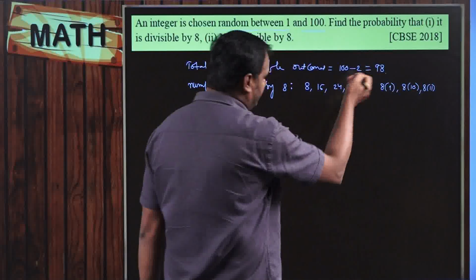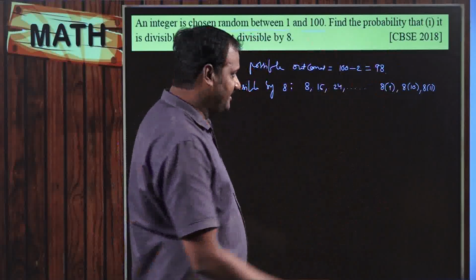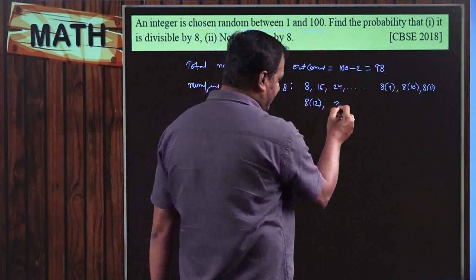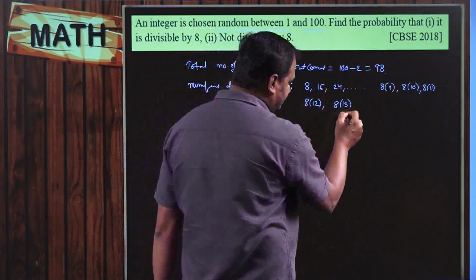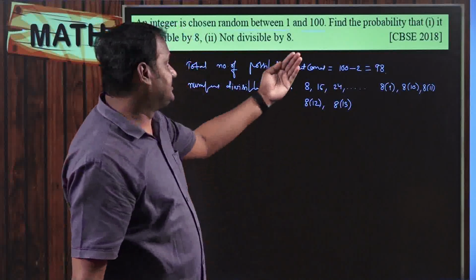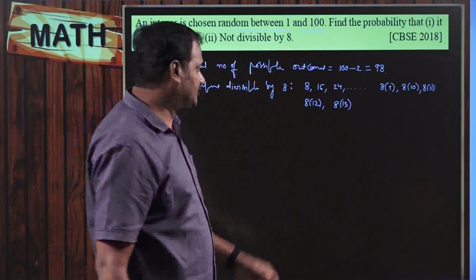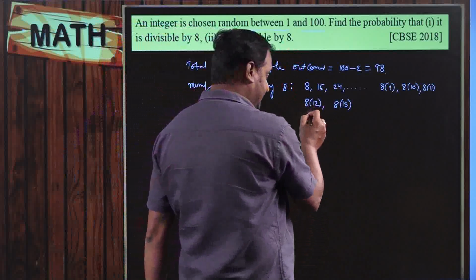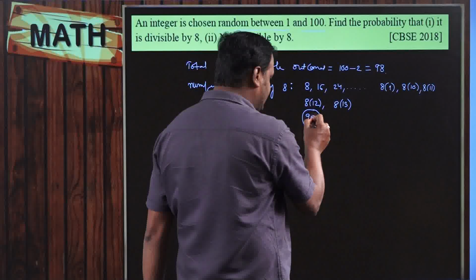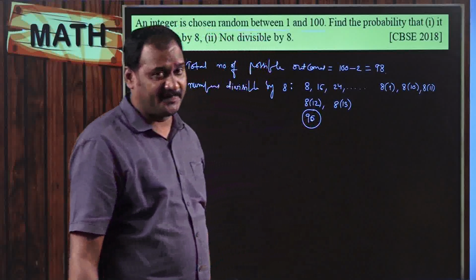We have up to 99, right? 8 twelves are 96, and 8 thirteens is not below 100. So 96 is the last number which is divisible by 8.